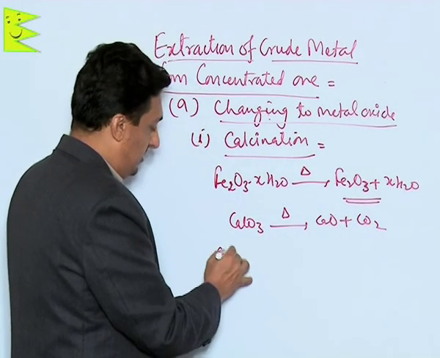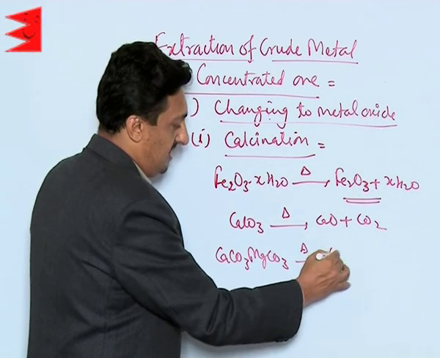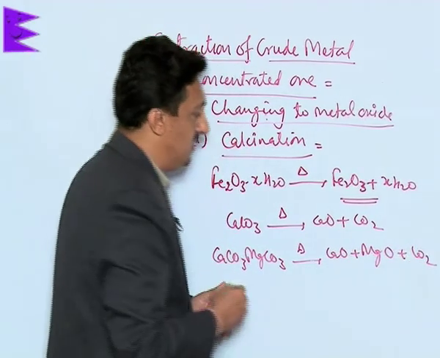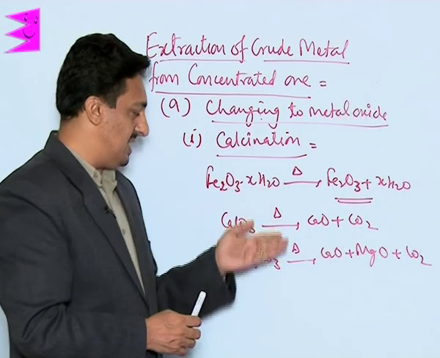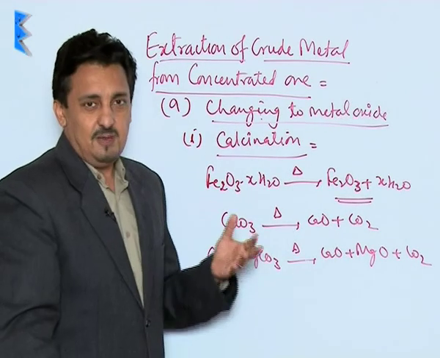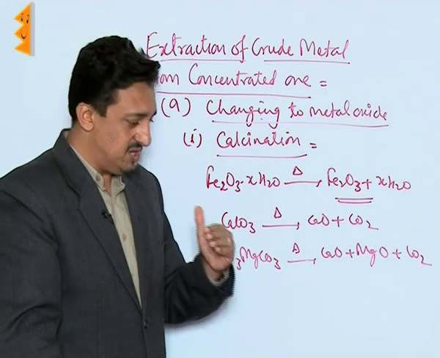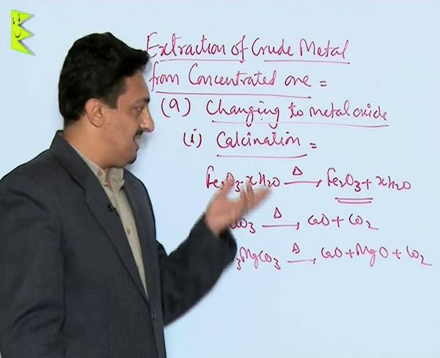Dolomite, calcium carbonate and magnesium carbonate, when heated, gets converted to calcium oxide, magnesium oxide and CO2. So calcination is heating oxide, hydroxide and carbonate ores in the absence or a very limited supply of oxygen, because we need to oxidize those volatile impurities.